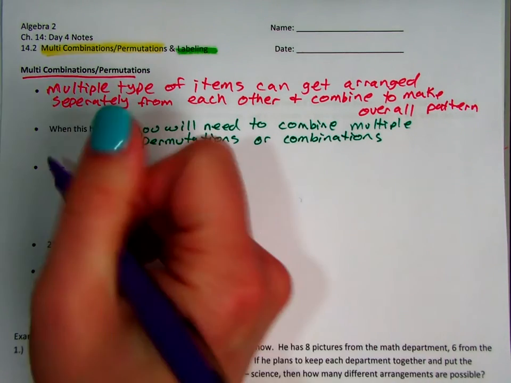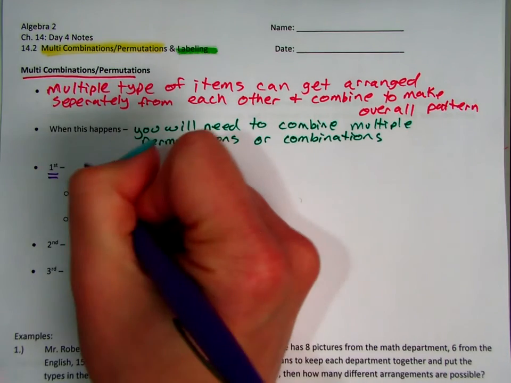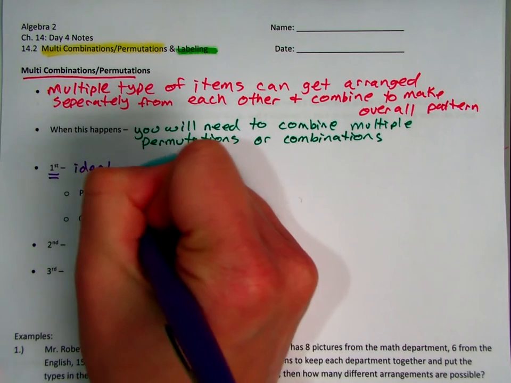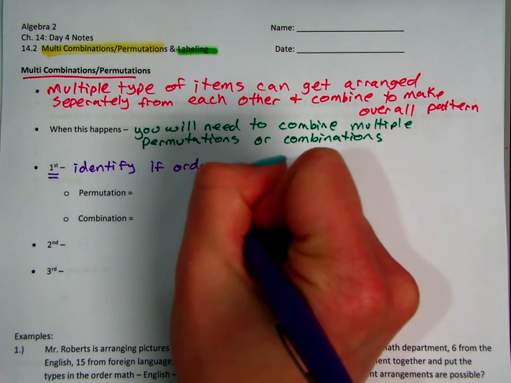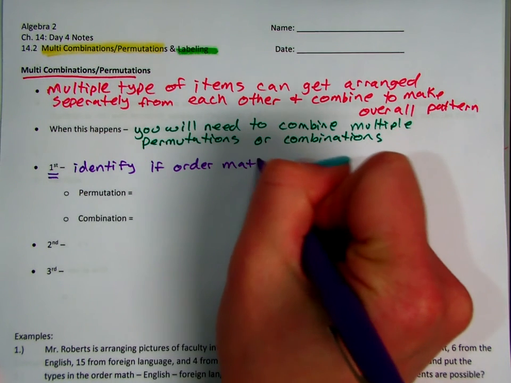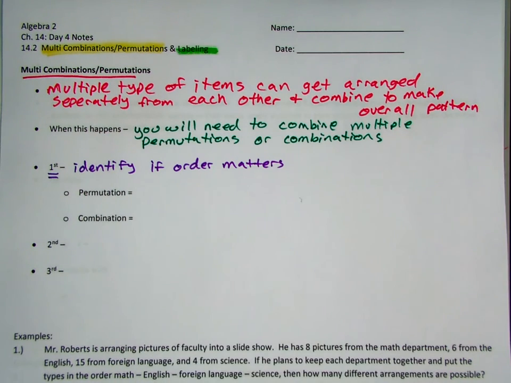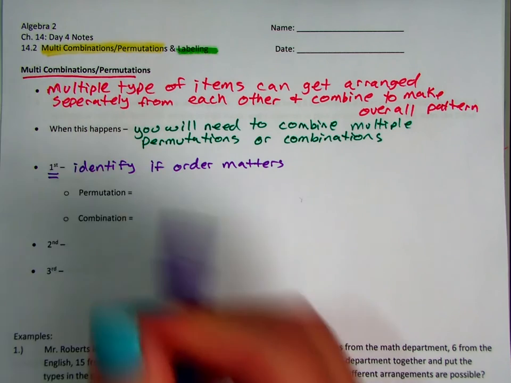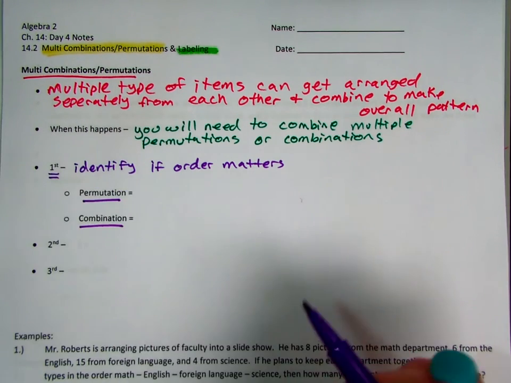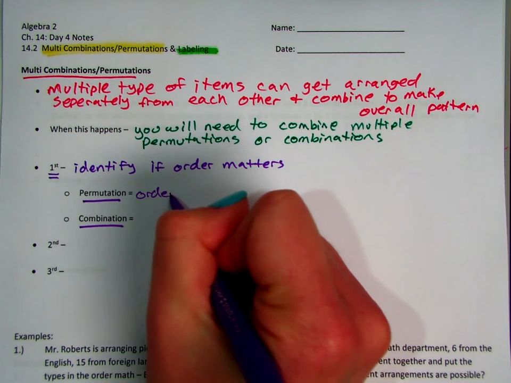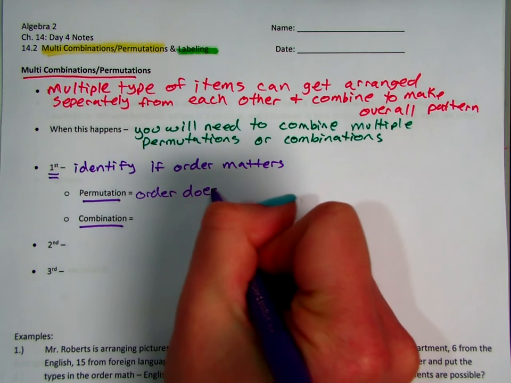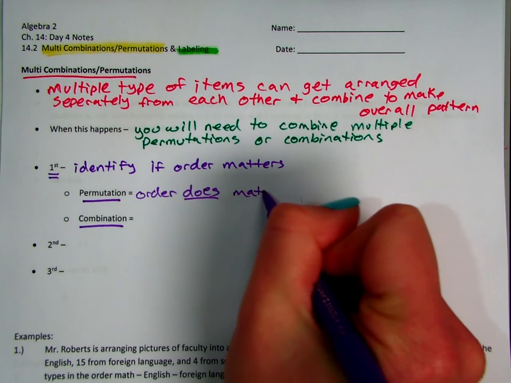First, and probably the most important one, is to identify if order matters. Just like we were doing yesterday, knowing if order matters will determine, is this a permutation or is this a combination? If order does matter, then it's a permutation.